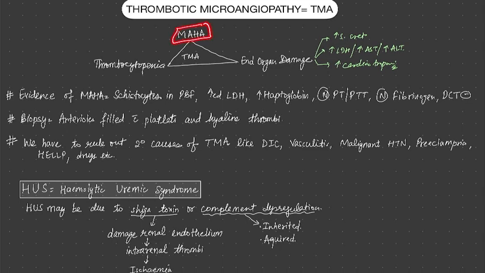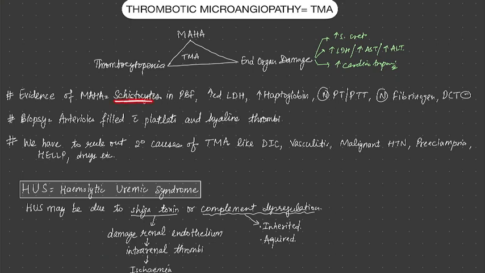MAHA. How to diagnose MAHA? Microangiopathic hemolytic anemia. There are schistocytes, the most important marker. Schistocytes in peripheral blood film means there is some damage to erythrocytes when they pass through microvessels.